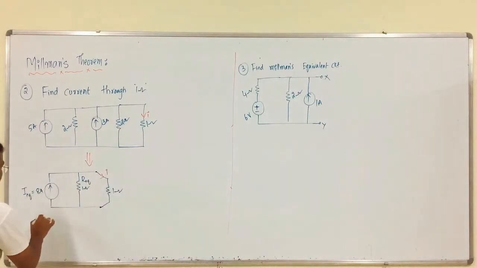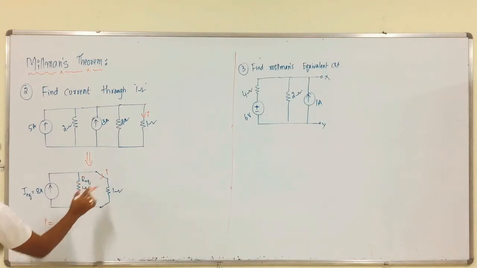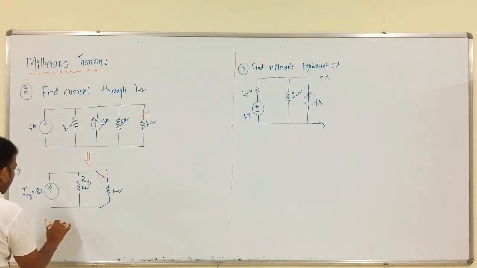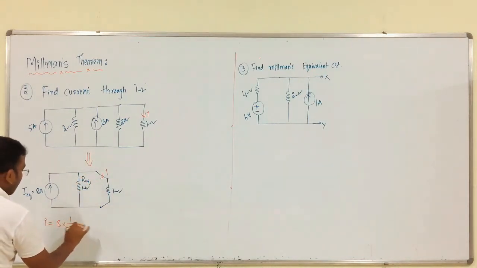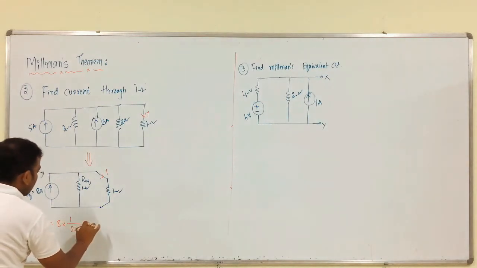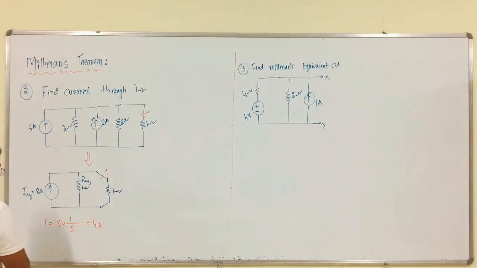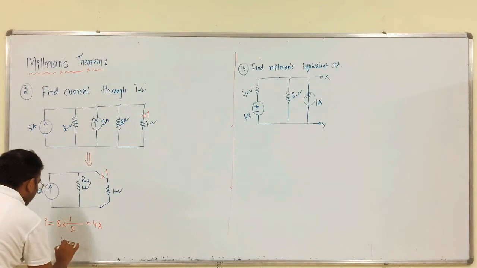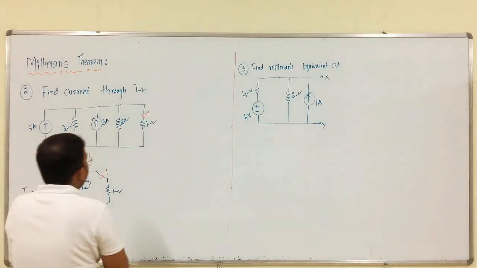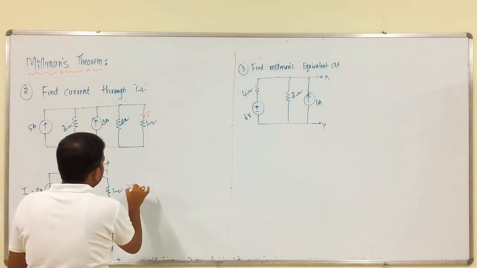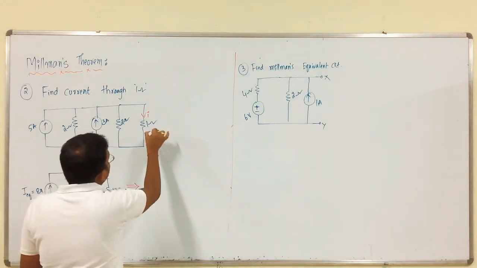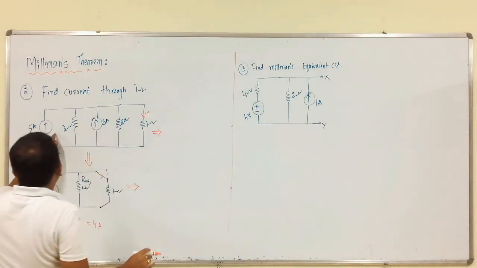So, to get the value of current, I is equal to the total current into the opposite branch's 1 by the total resistance, which is equal to 4 amps. Completed. The answer is 4 amps.